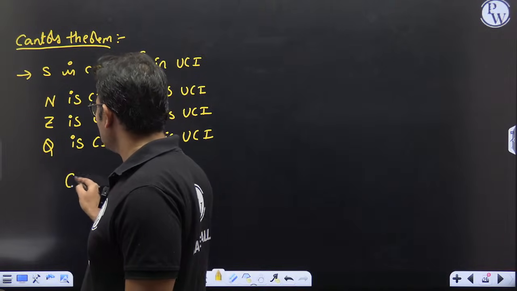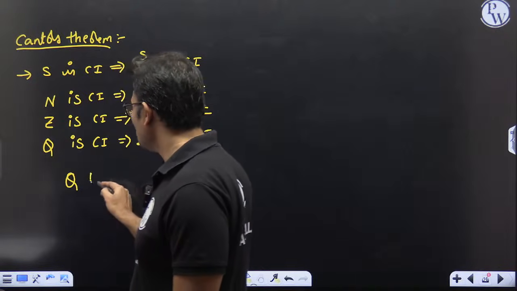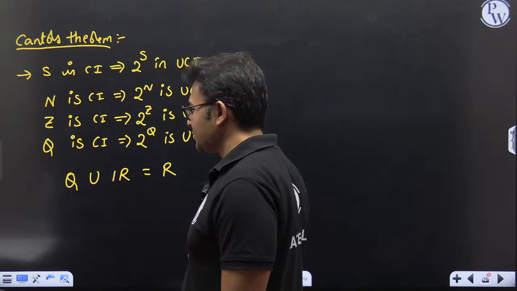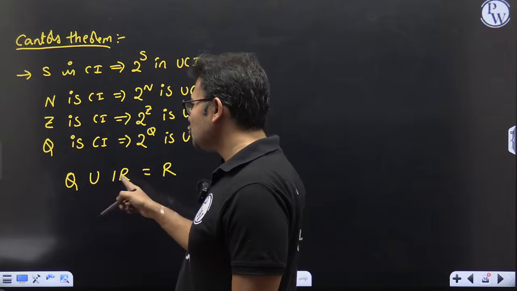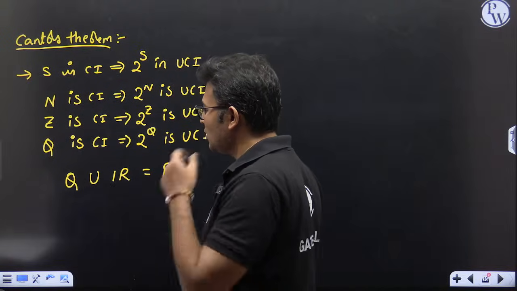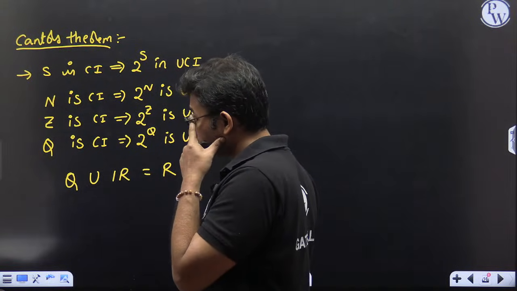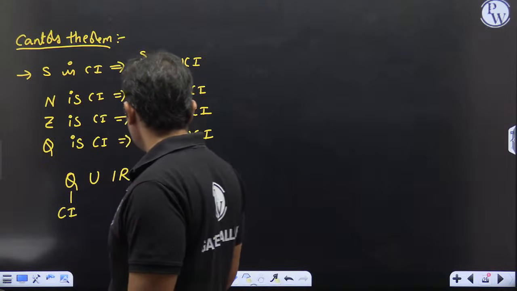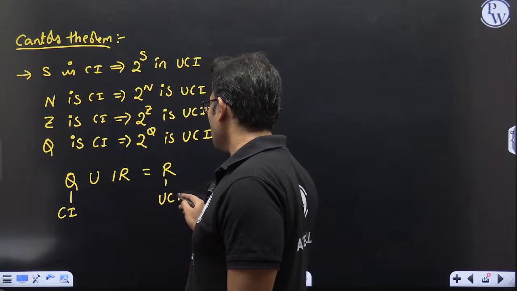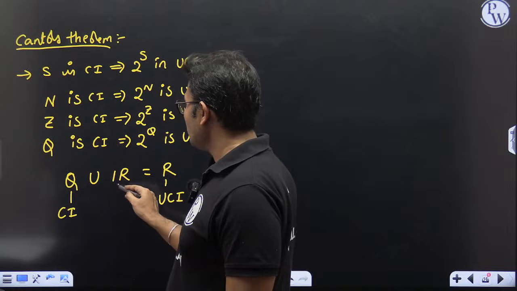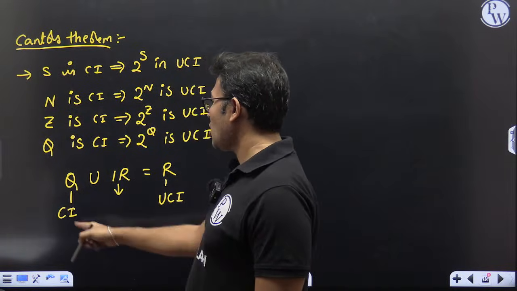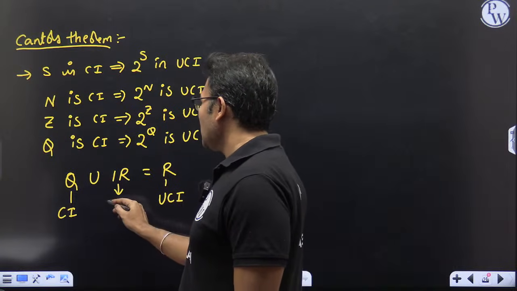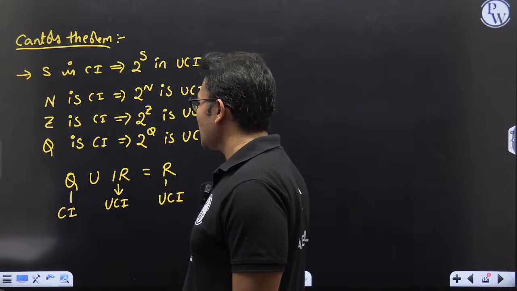Now we know that rational numbers union irrational numbers is equal to real numbers. Rational numbers are countably infinite and real numbers are uncountably infinite. Therefore, what will irrational numbers be? If a countably infinite set union another set has to be uncountably infinite, then the other set has to be uncountably infinite.